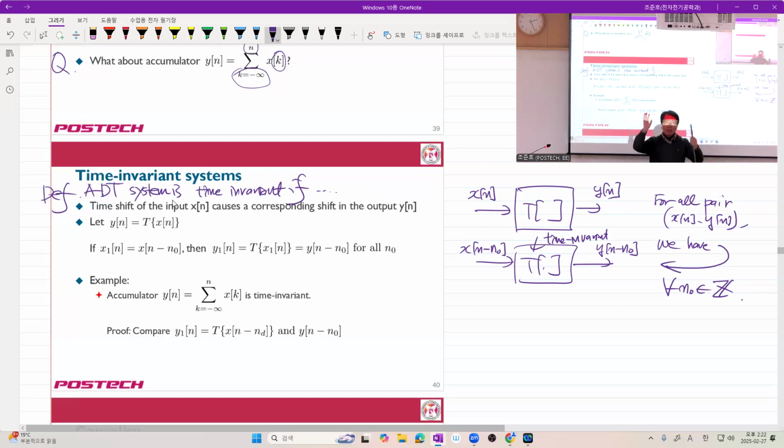The y is the output of x. So you have pairs of signals, and in each pair, the input is translated, then the output is also translated by the same amount. Then the system is called time invariant. So here goes the example. The accumulator we've seen here is not only linear, but also time invariant. And you can use the definition to show this.